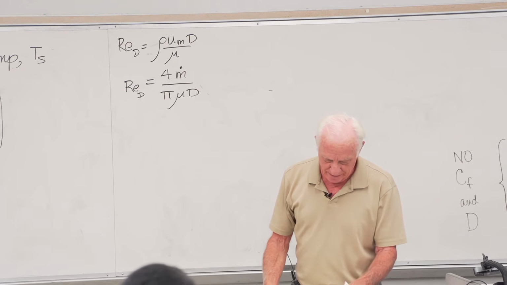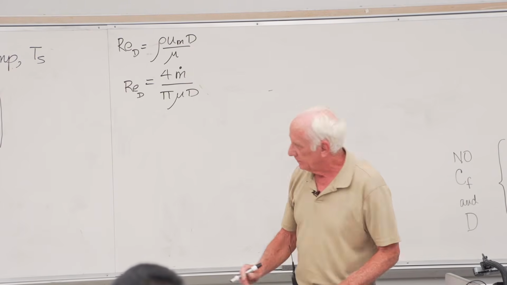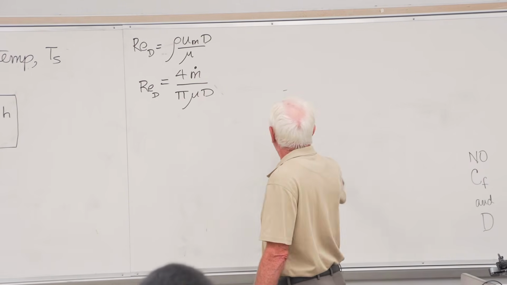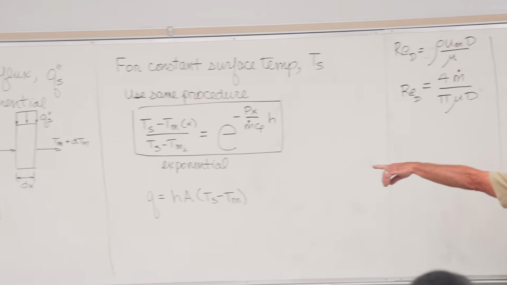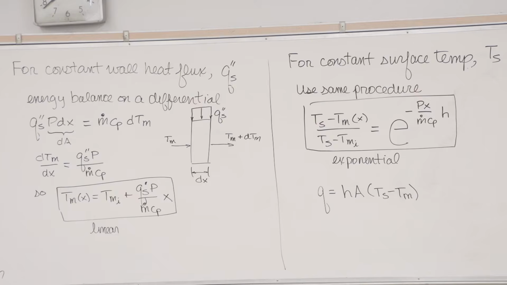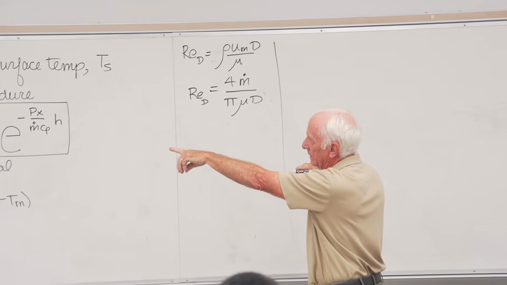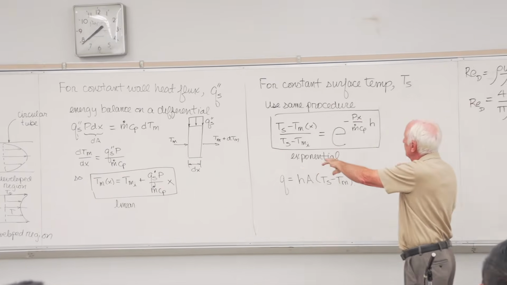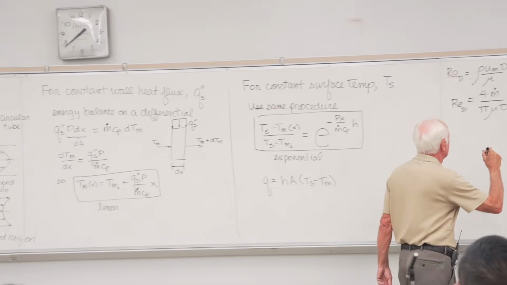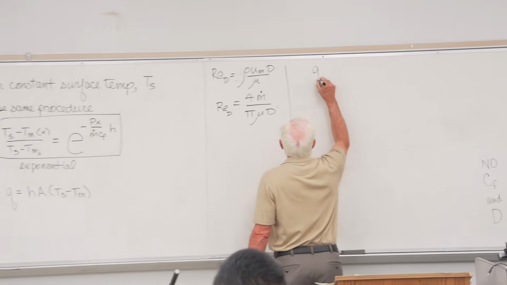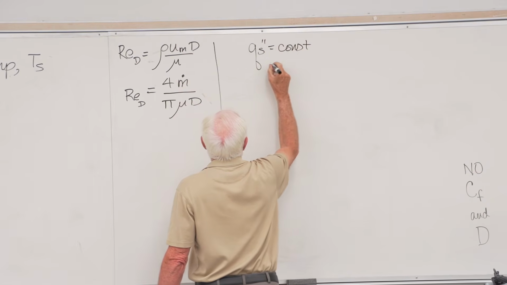Okay, so let's take a look at how the temperature varies. Let's take constant wall heat flux first. Qs double prime equal constant.